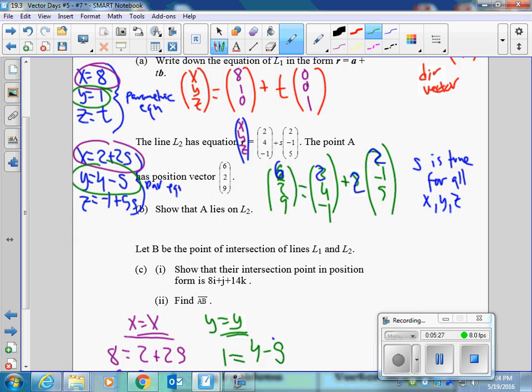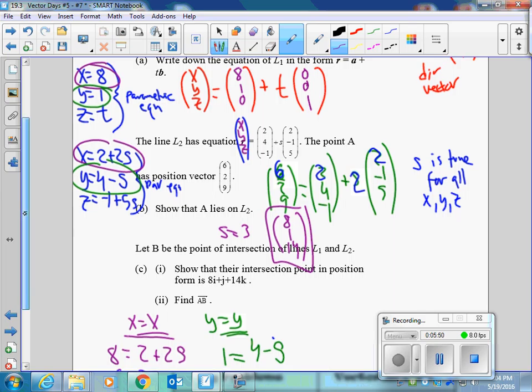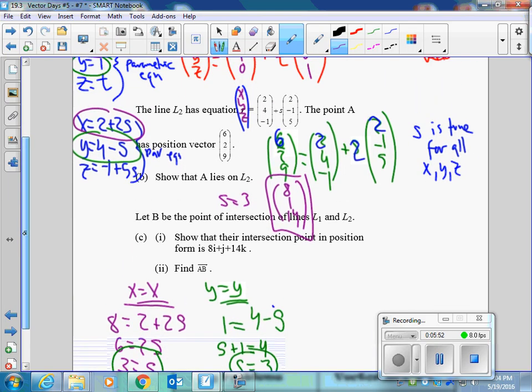And so if S is equal to 3, you're going to get 2 plus 6 is 8. 4 minus 3 is 1. Negative 1 plus 15 is 14. So I get an intersection of 8, 1, 14. Huh, good for me. I got it.